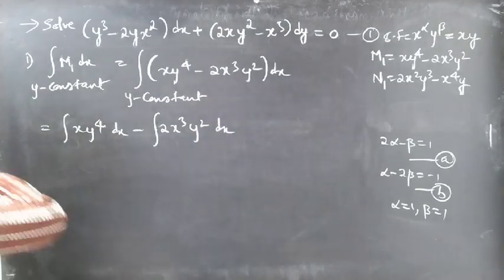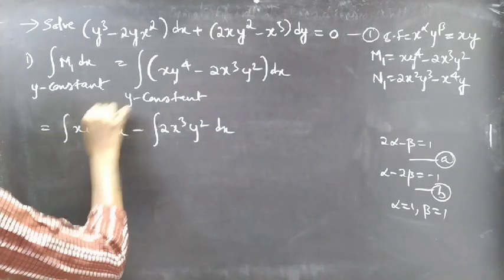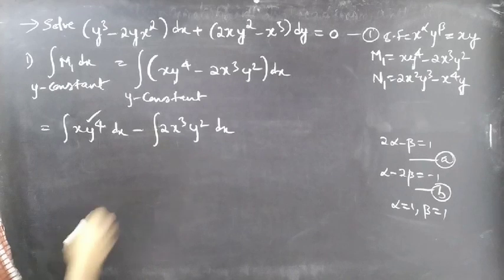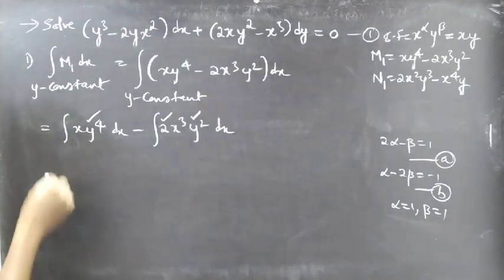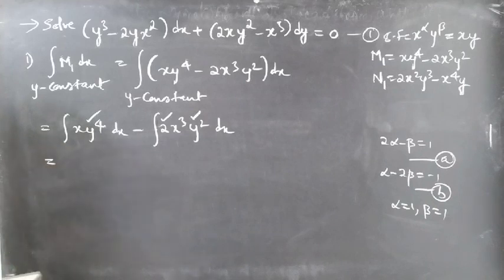Here y is treated as constant, so y power 4 is constant in the first term and 2y square is constant in the second integral. Let's take the constants outside the integral.